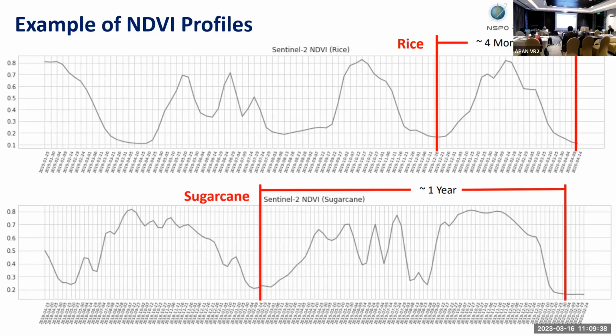The bottom part of this slide is sugarcane. Even for human eyes, we can see immediately that rice and sugarcane are different. They have different curve profiles, even though in the optical images they may be the same color.